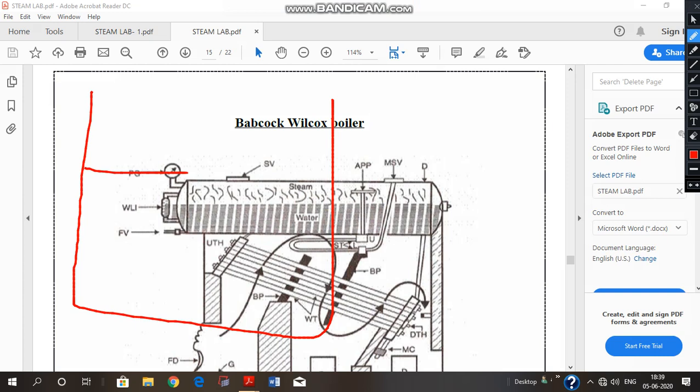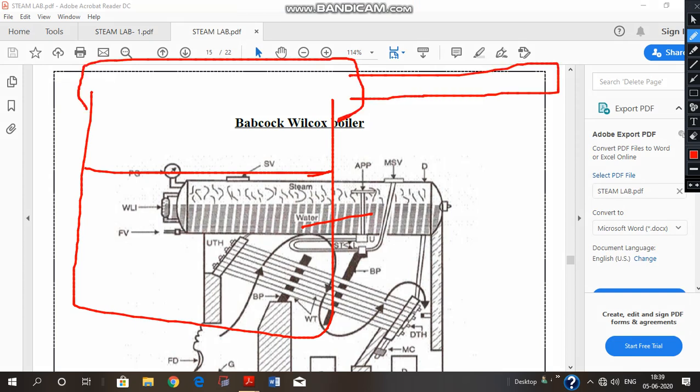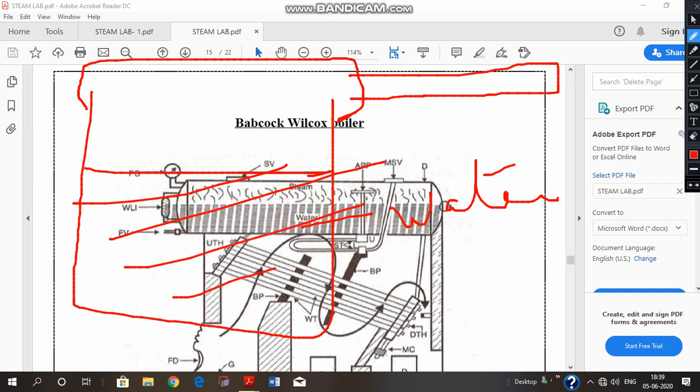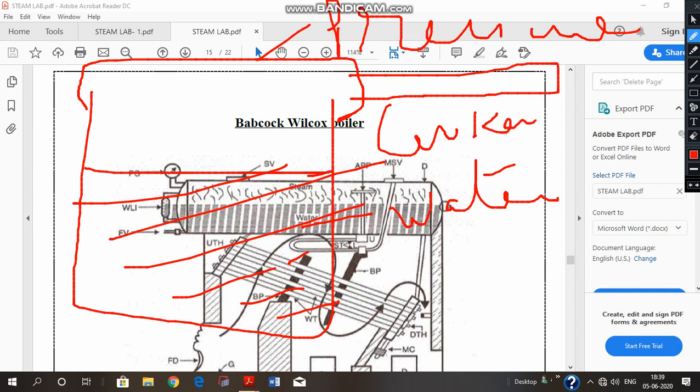Some of us may assume initially that water is present like this, that this is some vessel, just like a pressure cooker, and this water is kept inside it as it is filled in some pressure vessel. Now, the concept or the principle of a boiler may be similar but not the same as that of a pressure cooker.